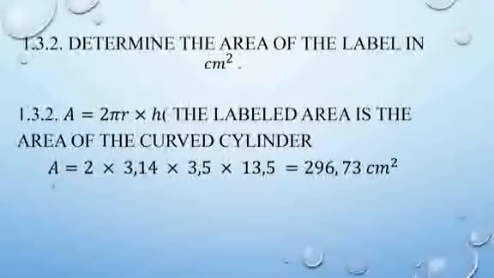And therefore, the area will be 2 multiplied by pi, which is 3,14, r is 3,5, multiplied by height, which is 13,5, which is going to give us 296,73 square centimeter.